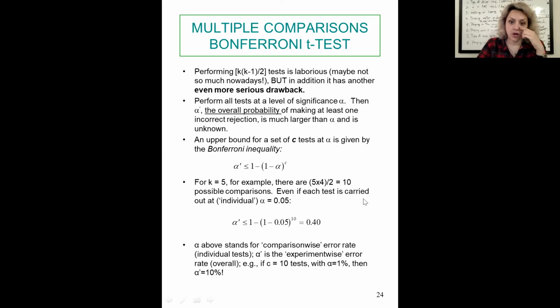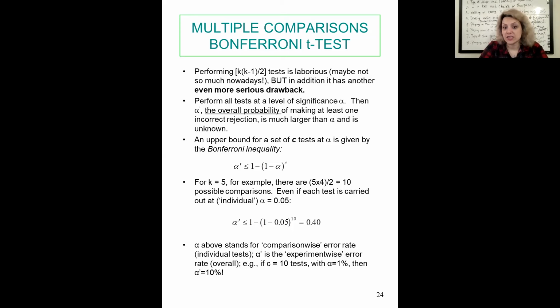This is another drawback. Alpha stands for the comparison-wise error rate, for the individual test. Alpha prime is the experiment-wise error rate. From second-year statistics, alpha also represents the type 1 error, which is in the rejection area, so we can call it the error rate as well.